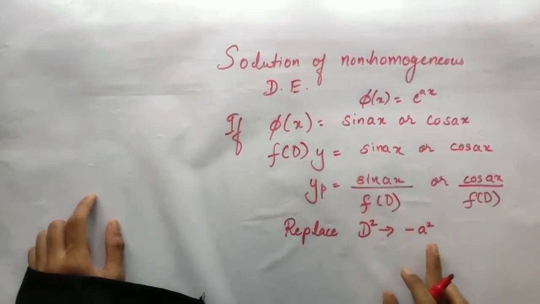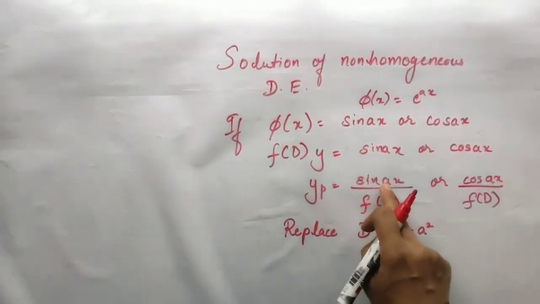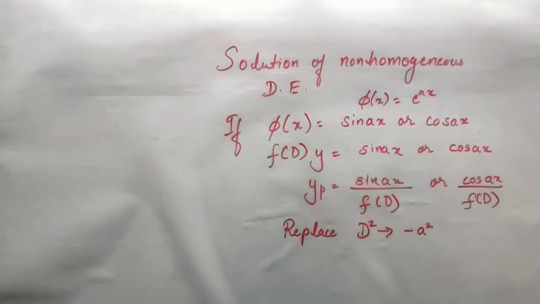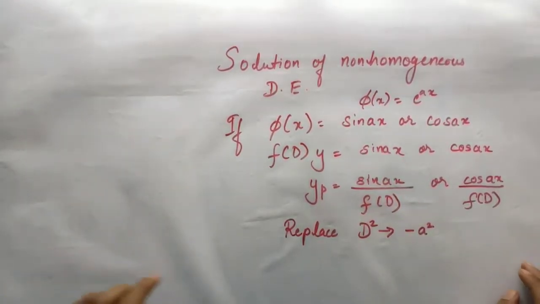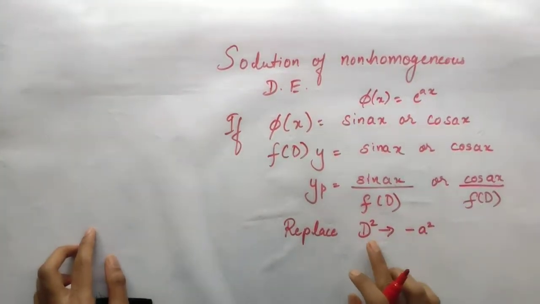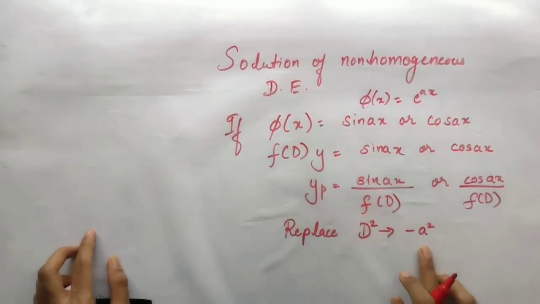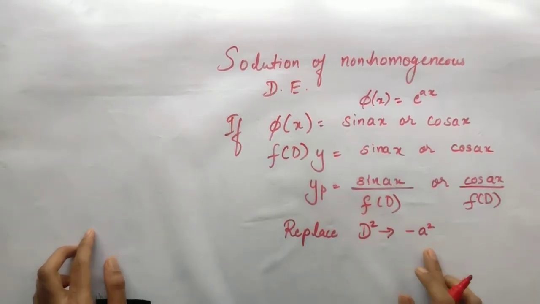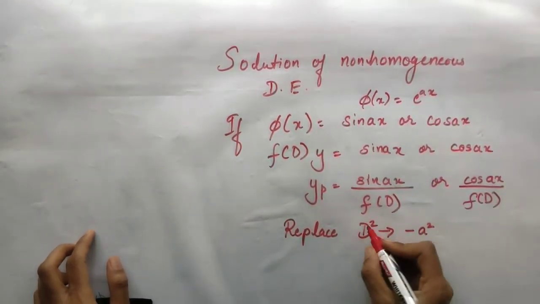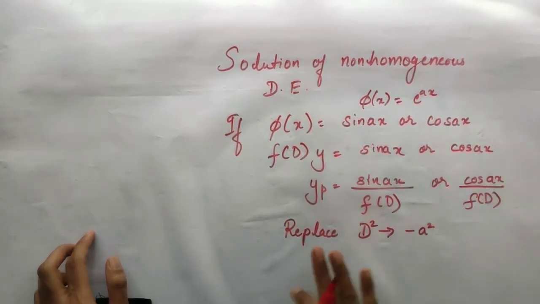It is not minus a the whole square, it is minus a square only. Means you find the square of the coefficient of x from the numerator, take a negative sign to it, and replace D square by that number. The same thing happens whenever you have cos ax also. So this is the case.